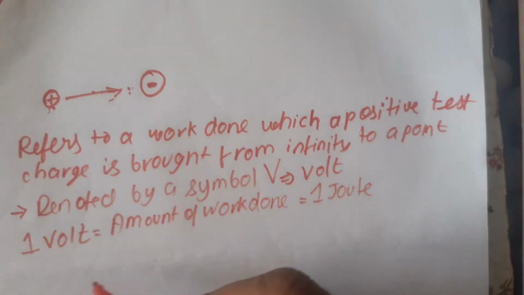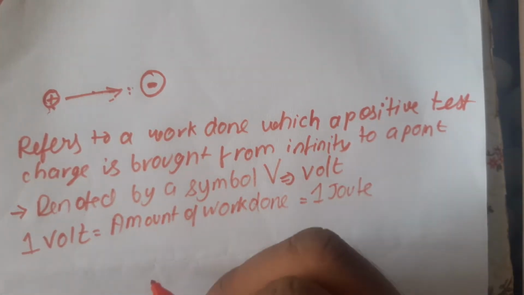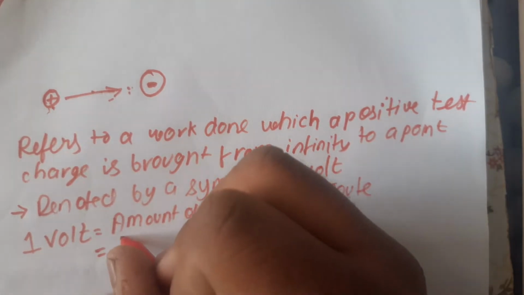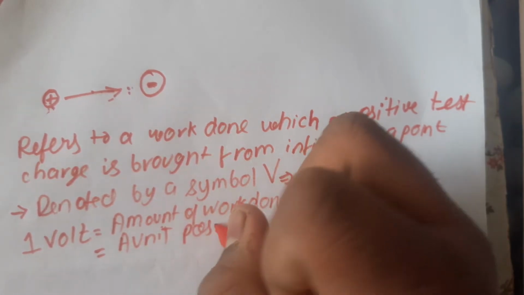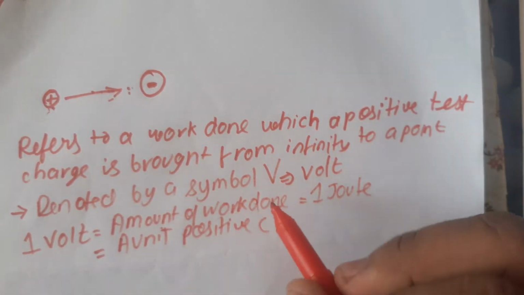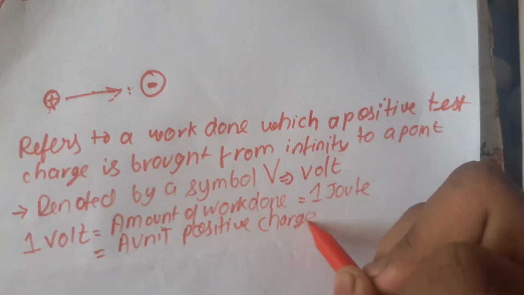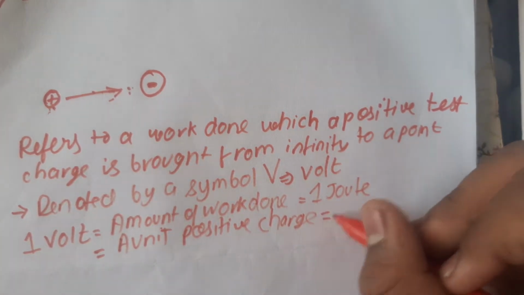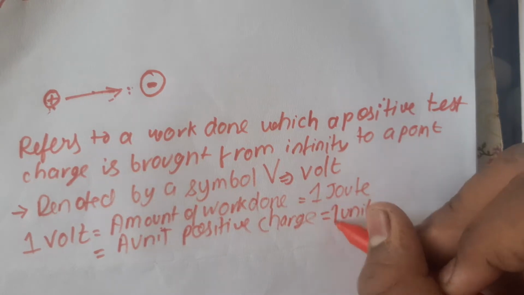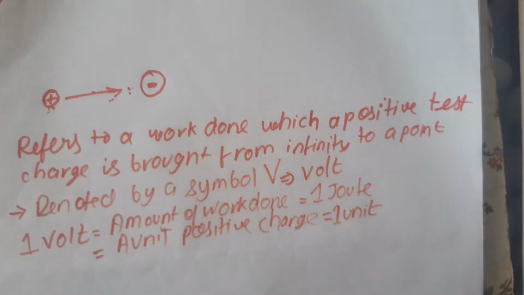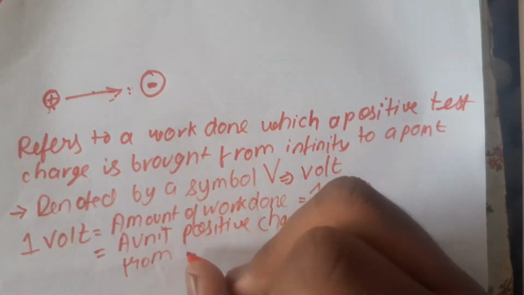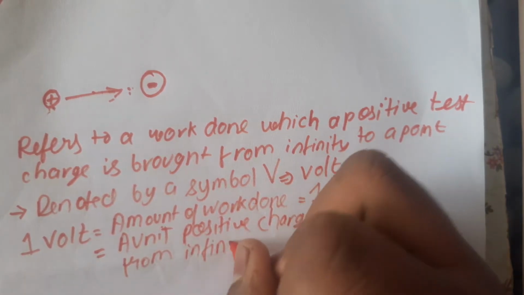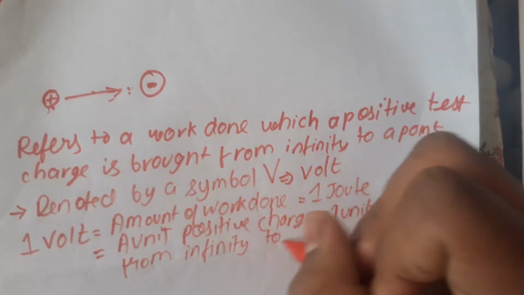So 1 volt is when the work done is 1 joule for a unit positive charge brought from infinity to a point.